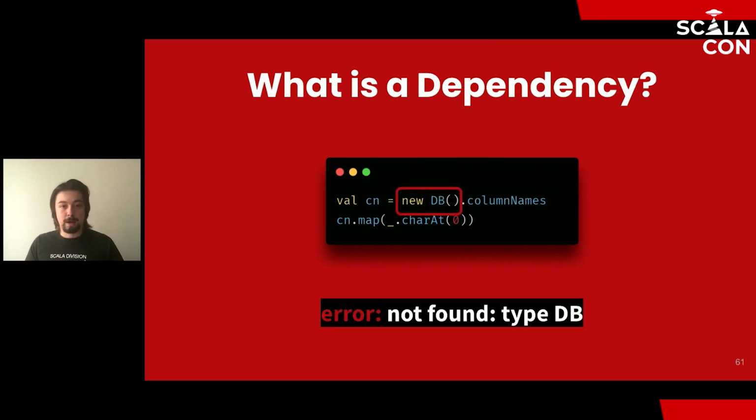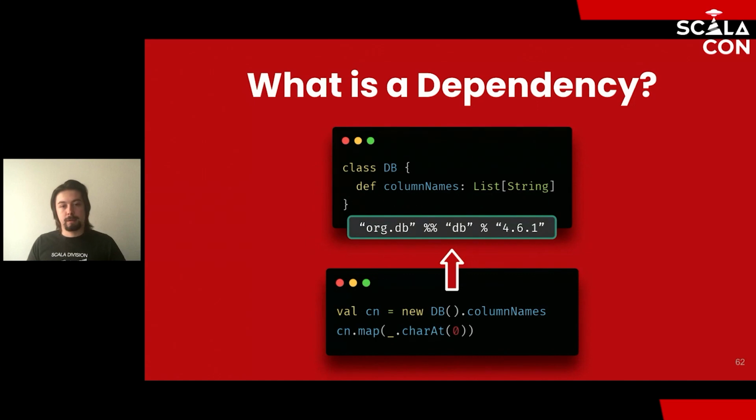If we don't add a dependency to our class path, we just get the error, I couldn't find DB, so I don't know what it is. And then we stop. So let's say we did add a library that contains a class called DB onto our class path, just some random Scala 2.13 library that I made up. Now we can answer the questions.